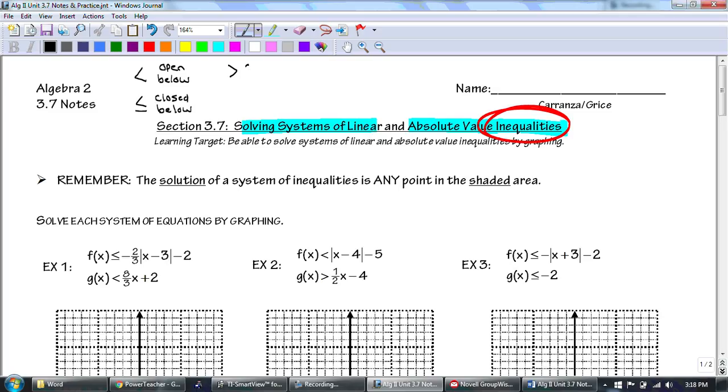Greater than, the symbol is open and we shade above. And greater than or equal to is closed, and we shade above. Okay? All right, so let's get to it.